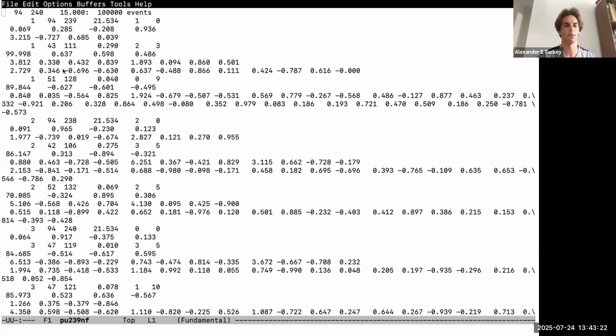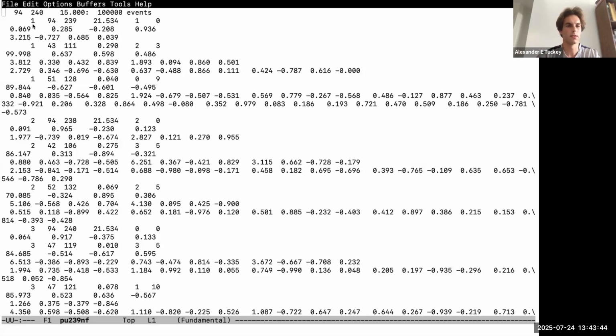The rest of the output file is in this repeated structure, where each event is broken down into 3 sections. There's one section for the fissioning nucleus, one for the light fragment, and one for the heavy fragment. I can walk through that structure here.